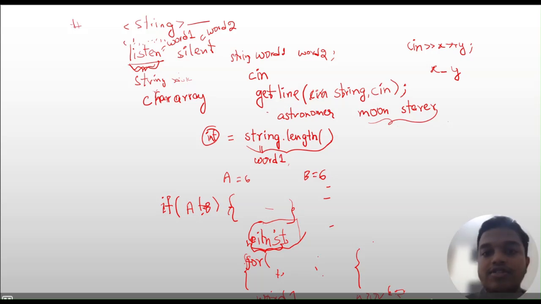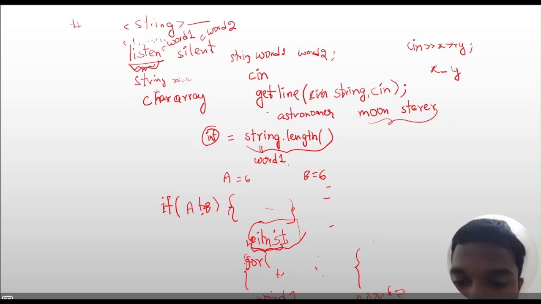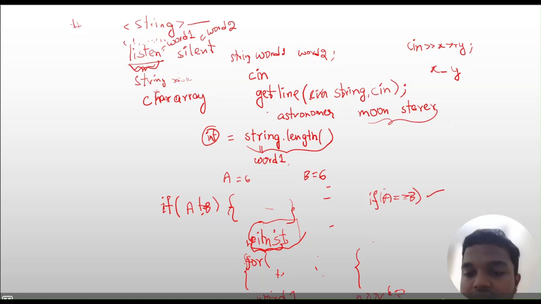If word1 equals word2, as they're just strings, in an if statement, the condition if A equal to B, then they can be anagrams of each other. As there are no spaces, we're just considering only words here. It is true. Now, if A not equal to B, else statement, then they are not anagrams of each other. So this is how we can do the first code.